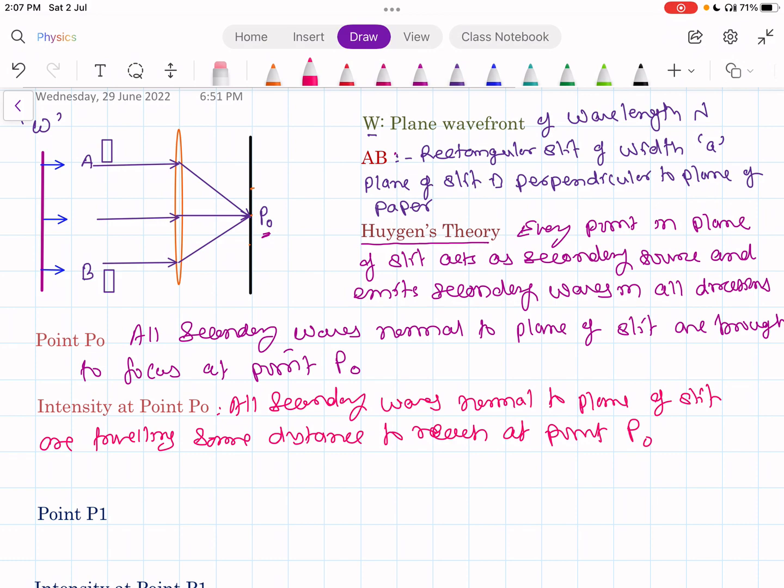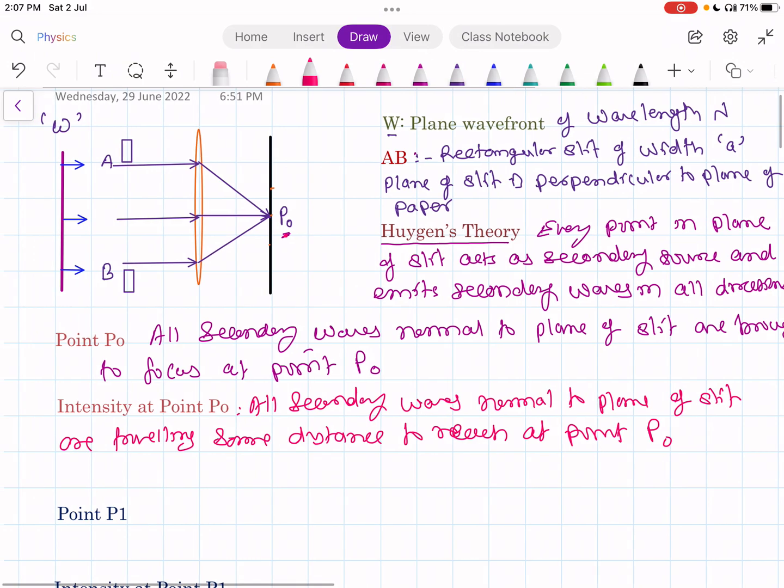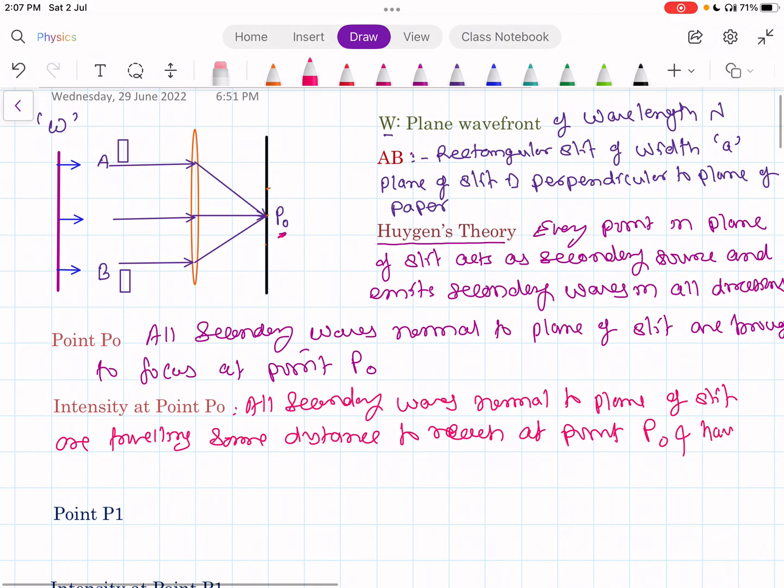So those secondary waves which are focused at point P naught are traveling same distance from the plane of the slit, and that's why they are having same phase. There will not be any path difference between the secondary waves which are reaching at point P naught, because all these waves are traveling same distance to reach at point P naught, so there won't be any path difference.